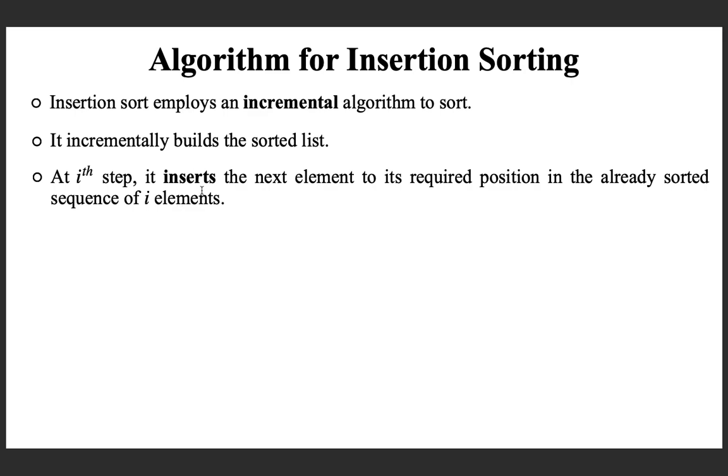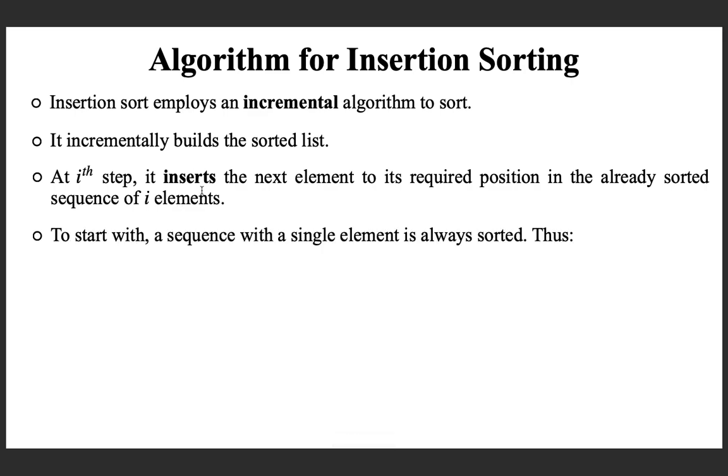It will be clear when we look at the next few points. For this algorithm to start with, if you look at a sequence with a single element, whatever that element is, that is sorted. If you have only one element, that is of course in the required order. So trivially that is sorted.